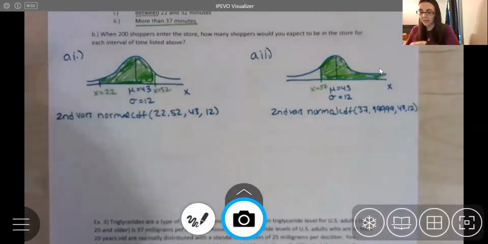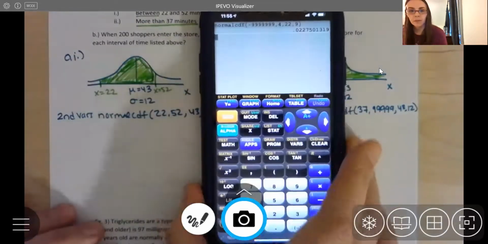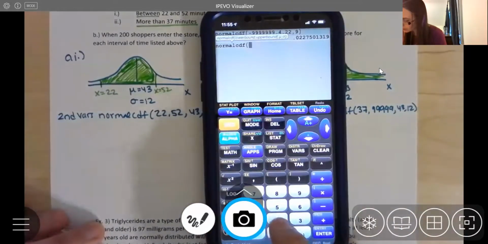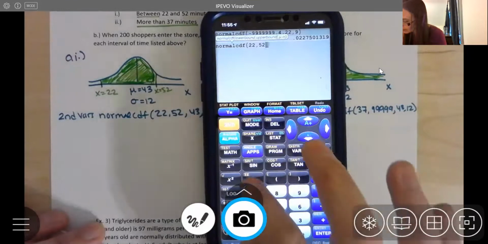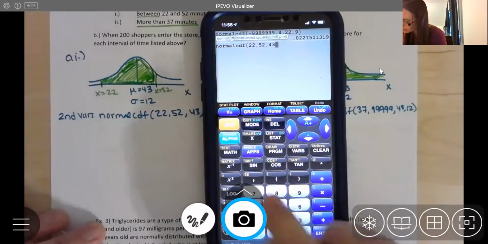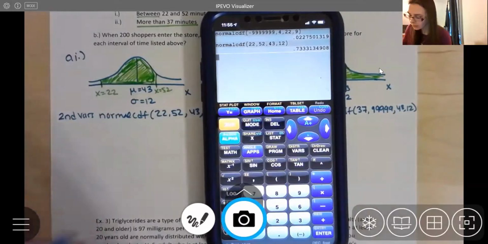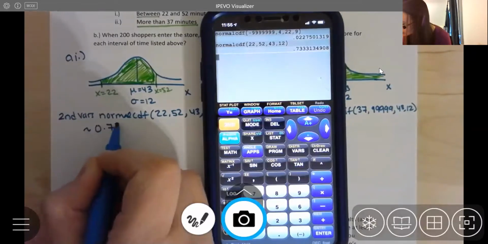So I'm going to go ahead and just type those values into my calculator, and we'll see what we get. So 22 for my lower, 52 for my upper, mean of 43, standard deviation of 12. And I get, I'm going to round to 4 decimal places here, so about 0.7333.